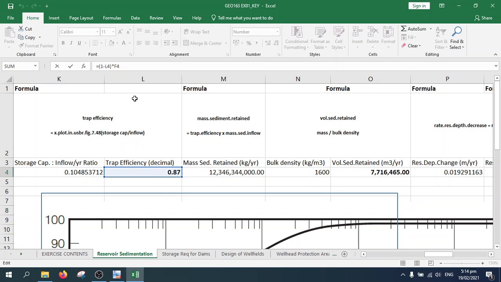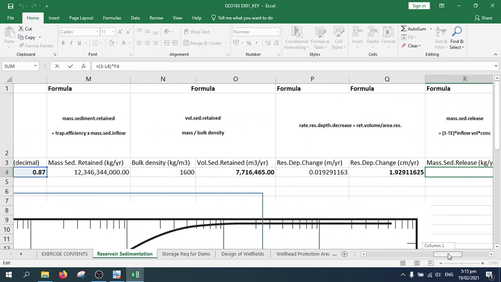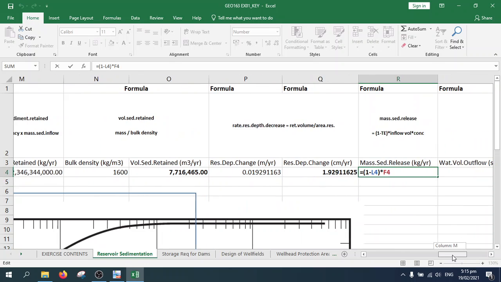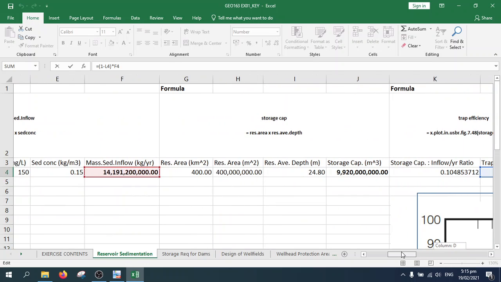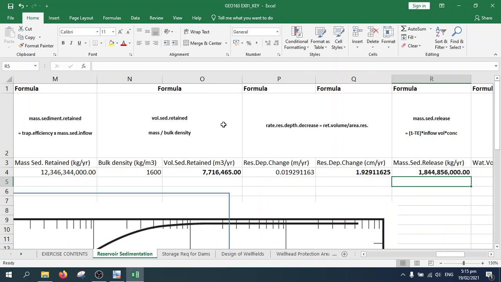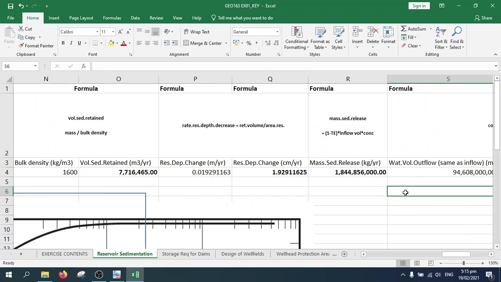So you just take 1 minus your trap efficiency. All right, so that is 0.13 or 13%. So 13% is the proportion of sediments that is being released from the dam. So 13% multiplied by the mass of sediment inflow, you will get 1.8 billion kilograms of sediment released per year.